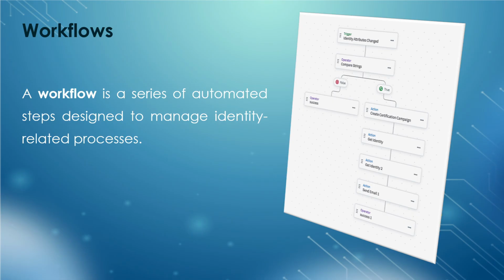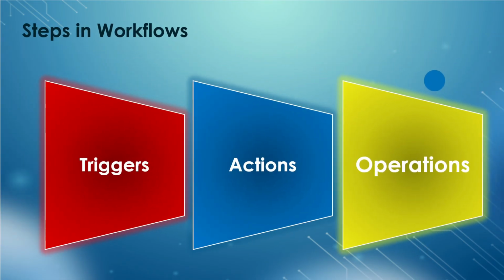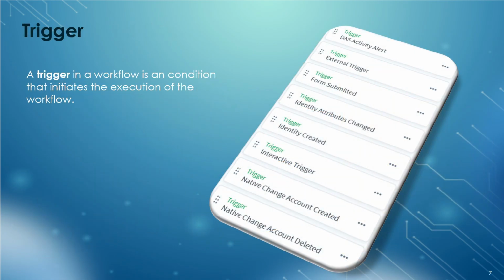If we talk about the steps in a workflow, there are three types of steps: triggers, actions, and operations. One by one, we will thoroughly understand and discuss each and every step. Triggers. A trigger is the first step inside the workflow, and it determines when the workflow runs and provides the initial input that is going to be used by the rest of the steps.